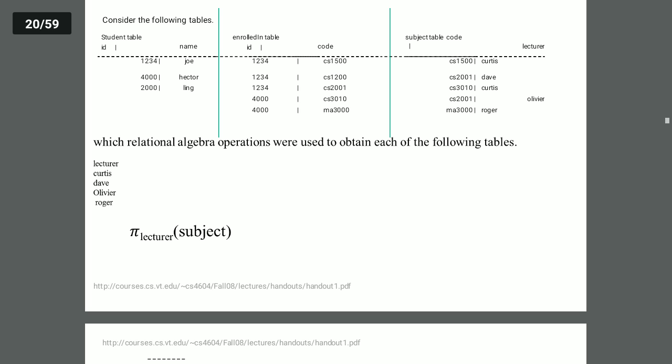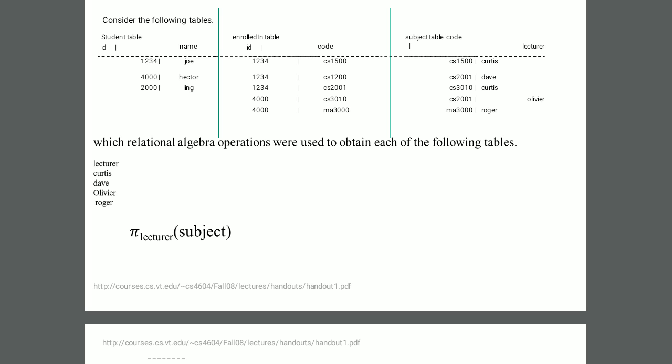The next example is also based on the same tables, that is student, enrolled in and subject table. Now which relational algebra is used to show the following output, that is lecturer, and in lecturer we have Curtis, Dave, Oliver and Roger. First of all, find out where the lecturer field is. The lecturer field is available in the subject table and all the lecturers are mentioned there, that is Curtis, Dave, Oliver and Roger.